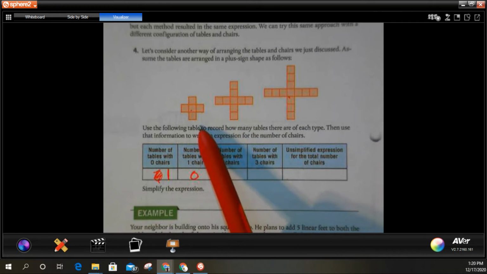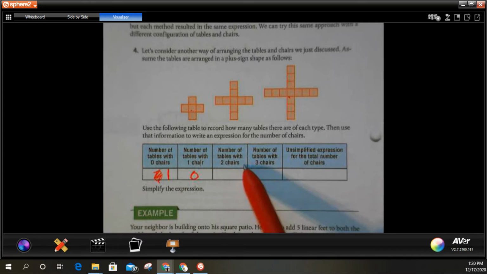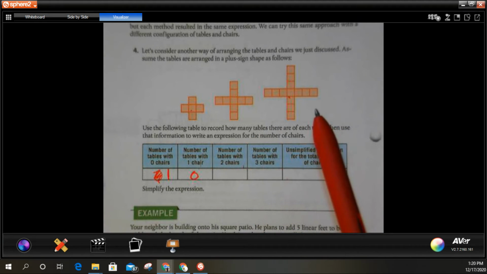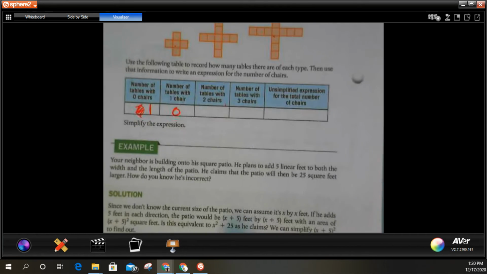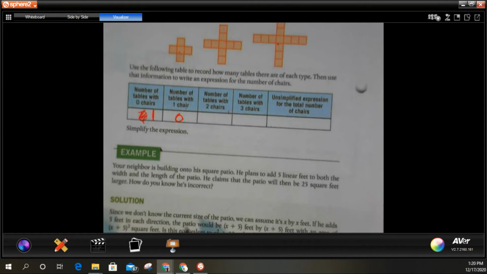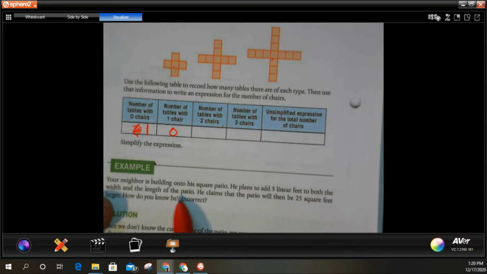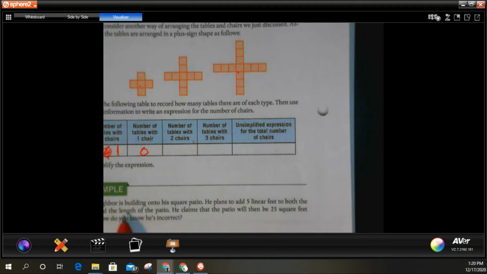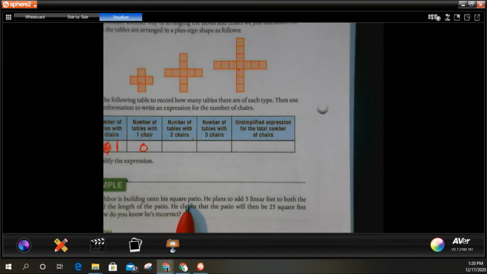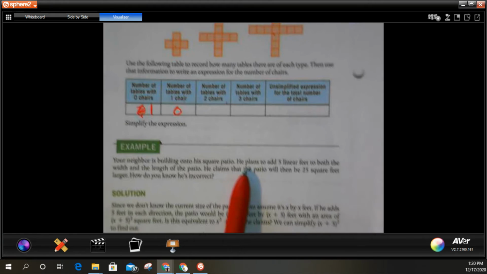Your neighbor is building. Oh, this is an example with the solution. Oh, that's okay. I'll talk to you. A neighbor is building onto a square patio. He plans to add 5 linear feet to both the width and the length of the patio. He claims that the patio will then be 25 square feet larger. How do you know he is incorrect?